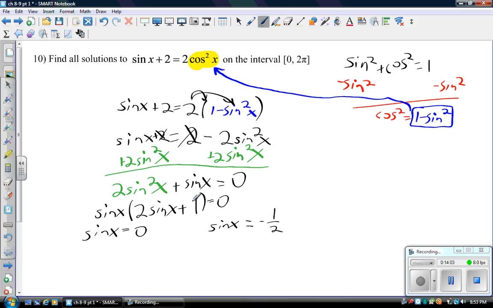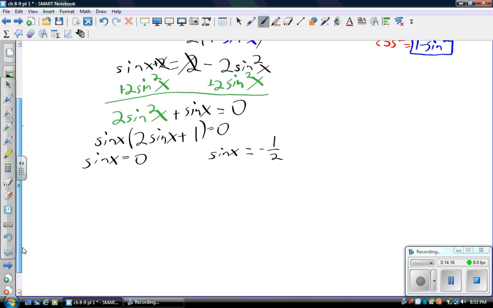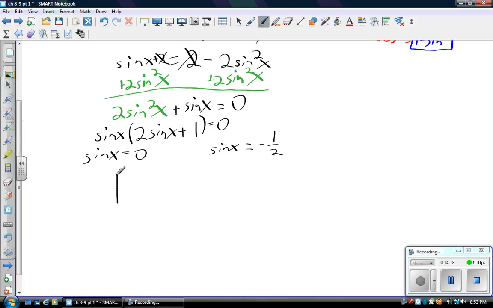Now we're just about done. We just have to find what are the angles between 0 and 2 pi where sine equals 0 or where sine equals negative 1/2. This is where in class we drew ourselves a coordinate plane and we said, all right, it's between 0 and 2 pi, so any solutions around here, don't worry about crossing stuff out. Just go around and see where it happens. Where does sine equal 0?